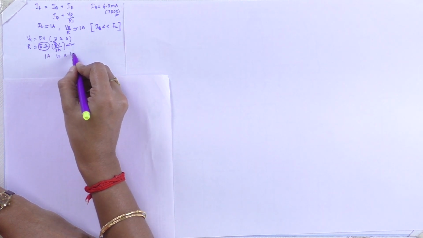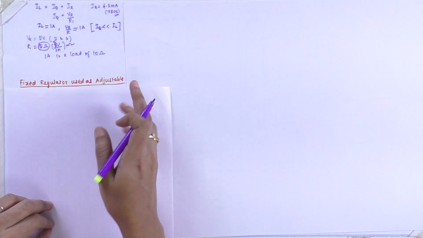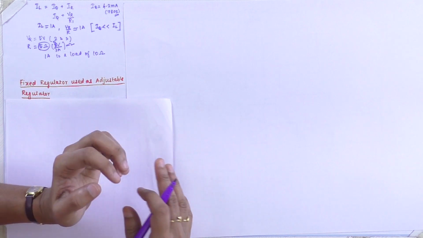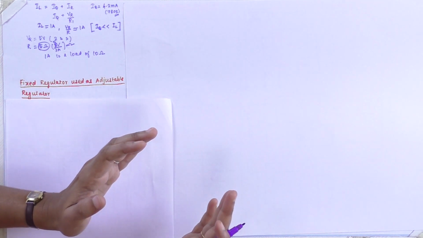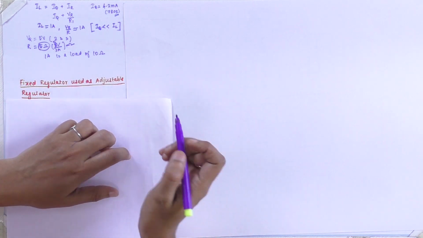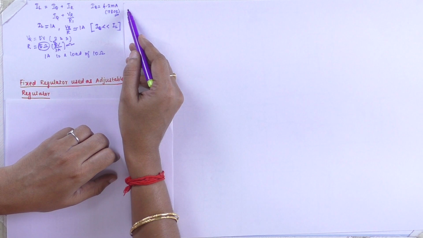The next topic is the fixed voltage regulator as an adjustable one. In the case of the current source, we have used a fixed voltage. For this 7805, the quiescent current is 4.2 milliamps.